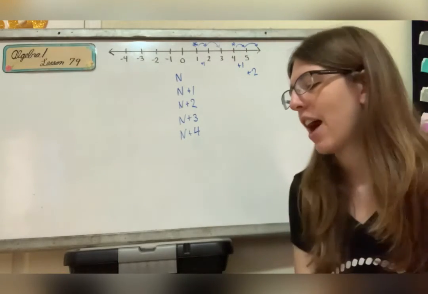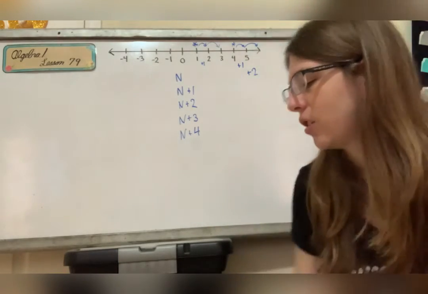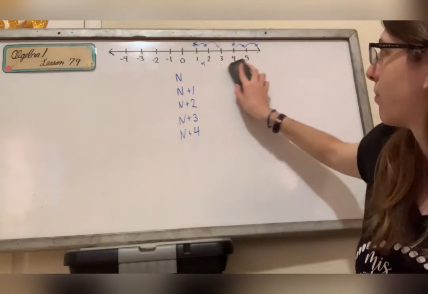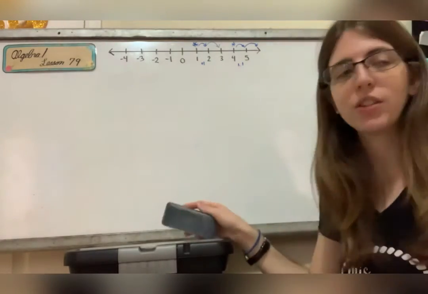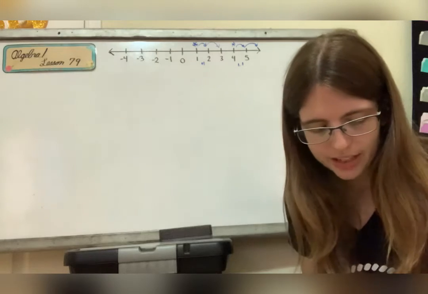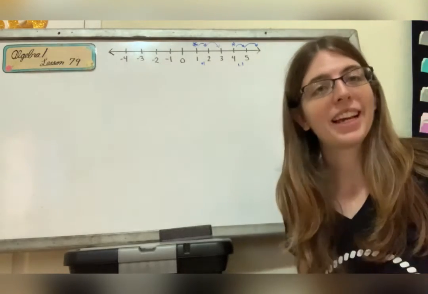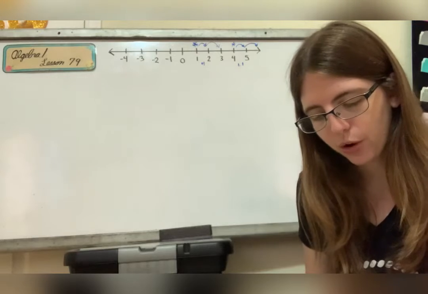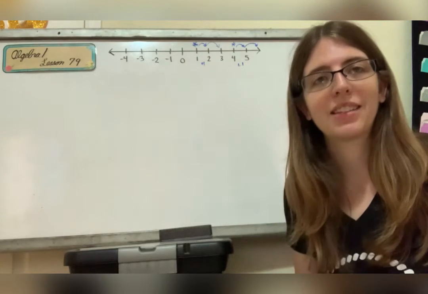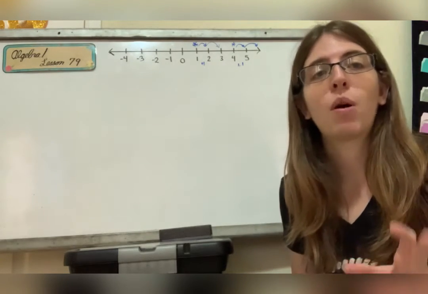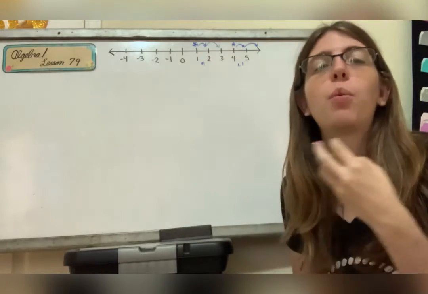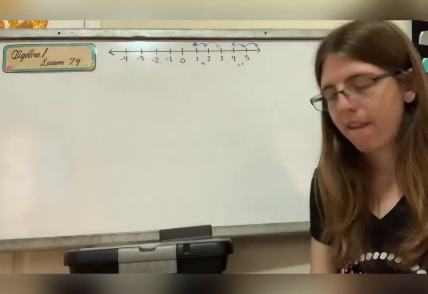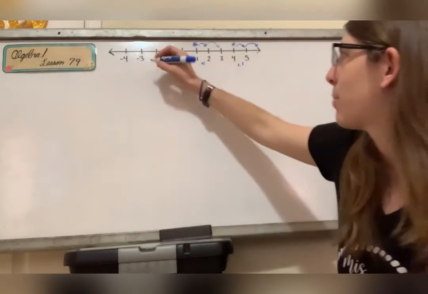Okay? Now, let's see how we use that to solve problems. So our first example says, find 3 consecutive integers such that the sum of the first and the third is 146. Okay, so we're putting together what we know about consecutive integers with how to write an equation. So first of all, let's start by representing our numbers.